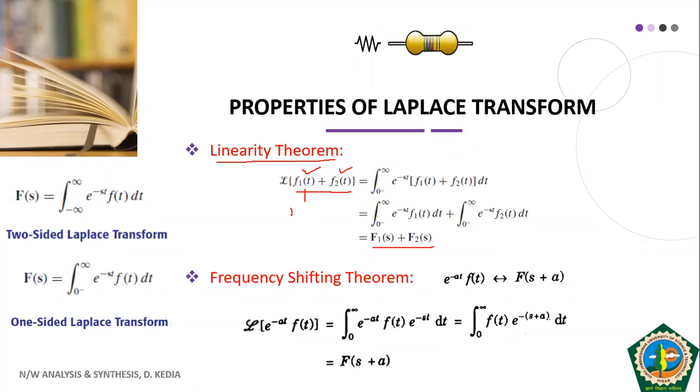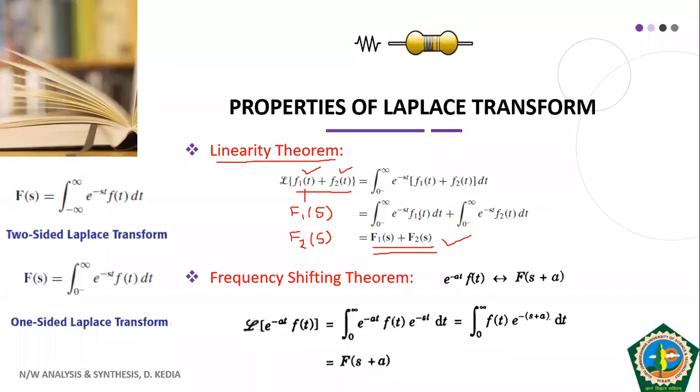If the Laplace transform of f1(t) is F1(s), and the Laplace transform of f2(t) is F2(s), and we want the Laplace transform of the sum of these two, we can straight away say that the Laplace transform of the combined function will be the sum of the Laplace transforms of the individual functions. This linearity theorem will be very commonly employed when you solve numericals related to circuit analysis.